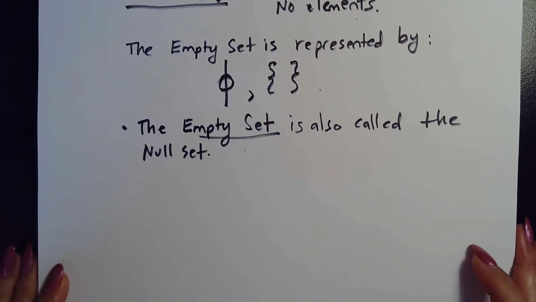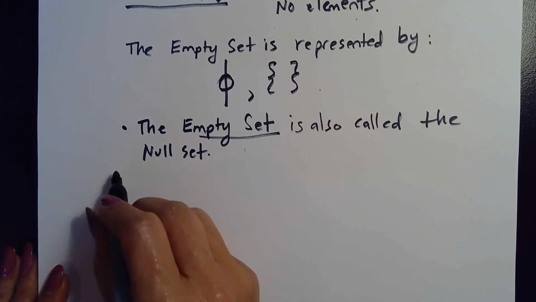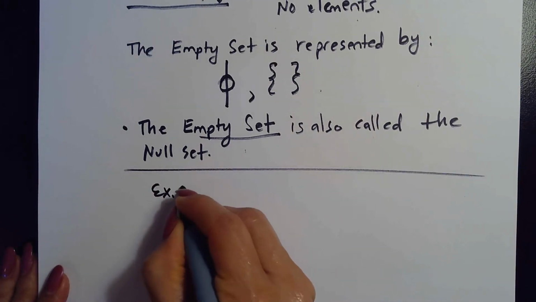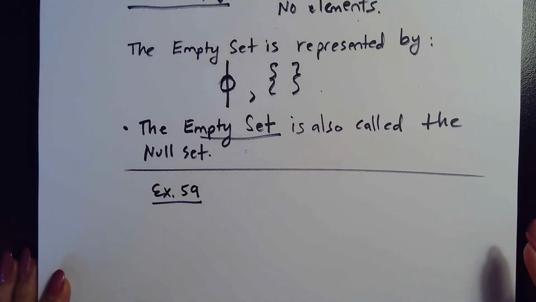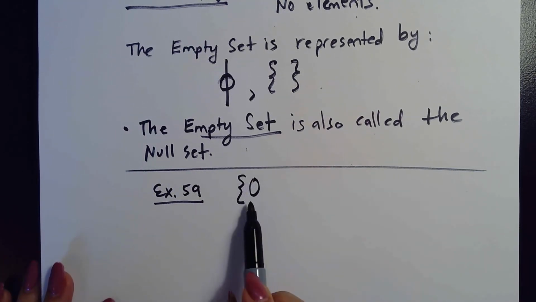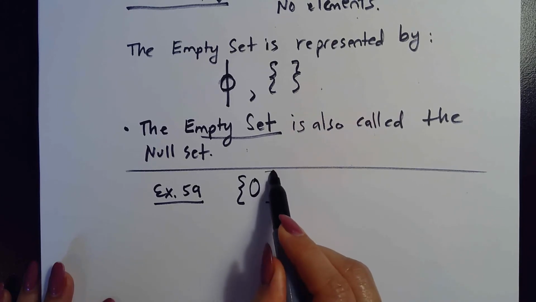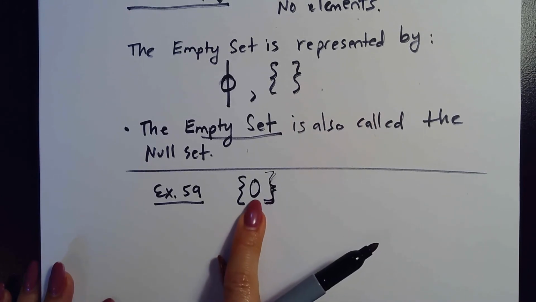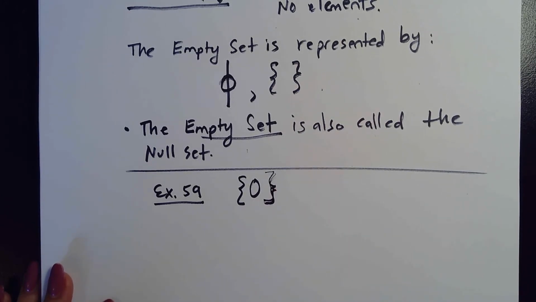So let's take a look at example 5a. You have the set, and then there's a zero. That's not the empty set, by the way. Meaning the zero doesn't represent the empty set. This is the number 0. And then the question is, which of the following is the empty set?